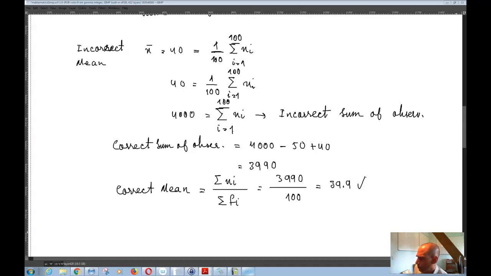I don't understand what they have written here. Let me solve it myself.